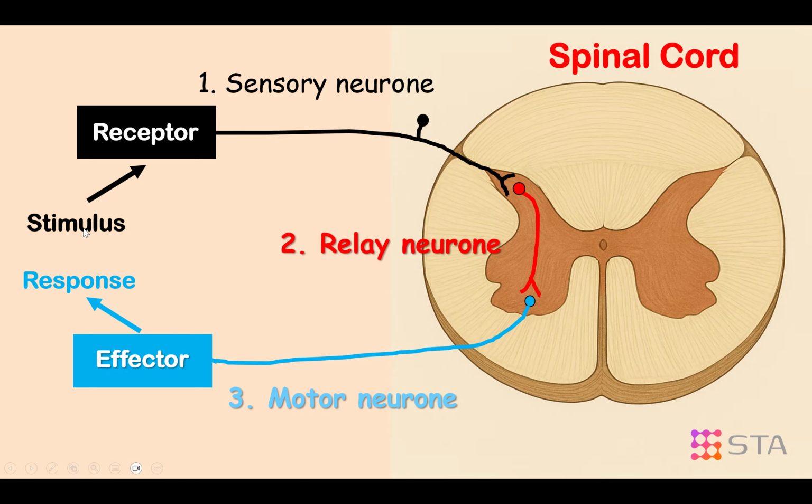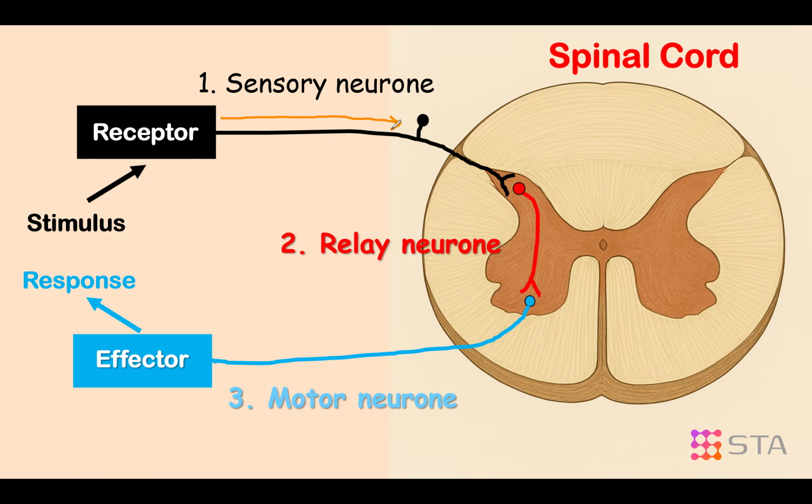The stimulus is the hot object, it's the high temperature, and the receptor is a temperature receptor in your skin. So, what happens? First of all, an electrical impulse travels from the receptor down a sensory neuron.